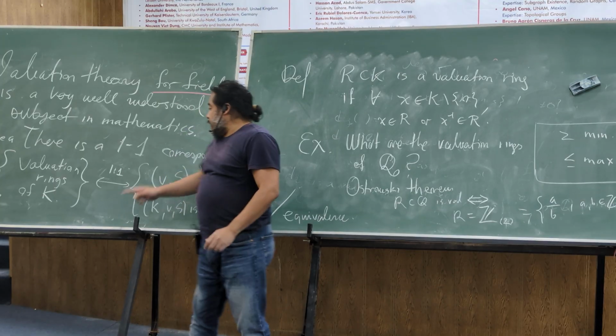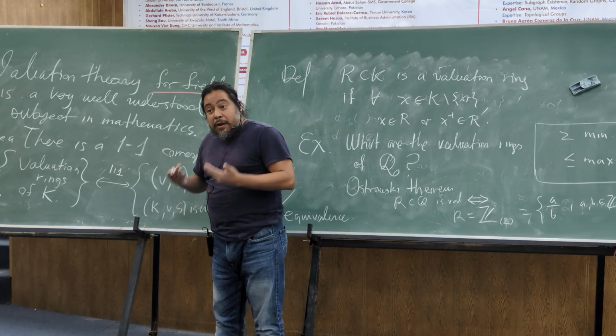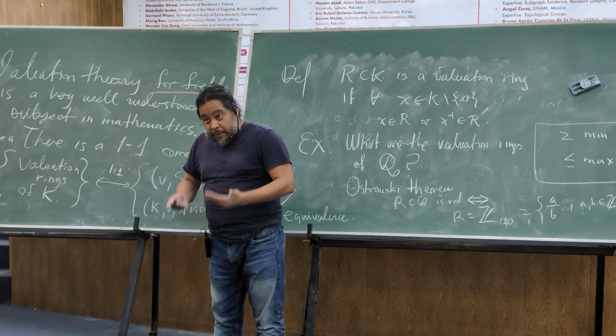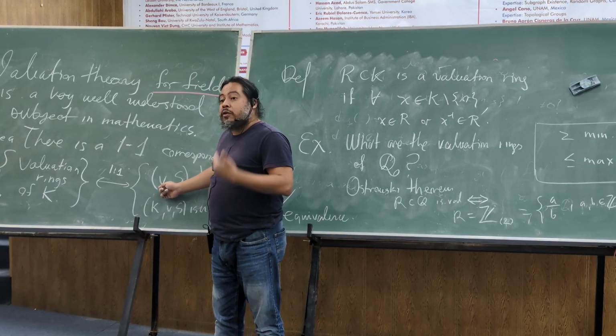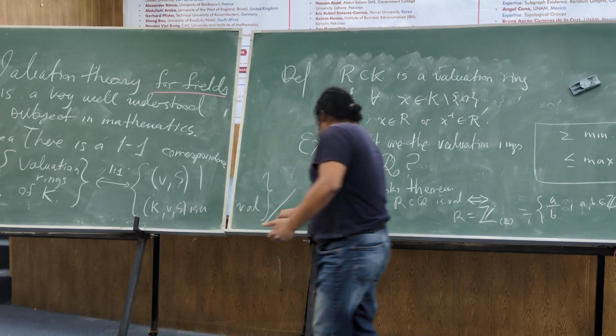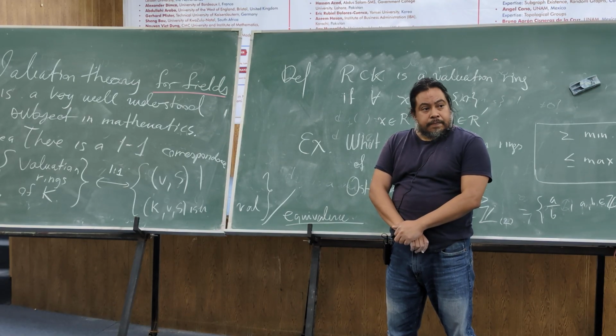Essentially, what you can put here is the set of p-adic valuations. Every valuation on Q is a p-adic valuation, or is equivalent to a p-adic valuation. This is what we are saying. Any doubt?